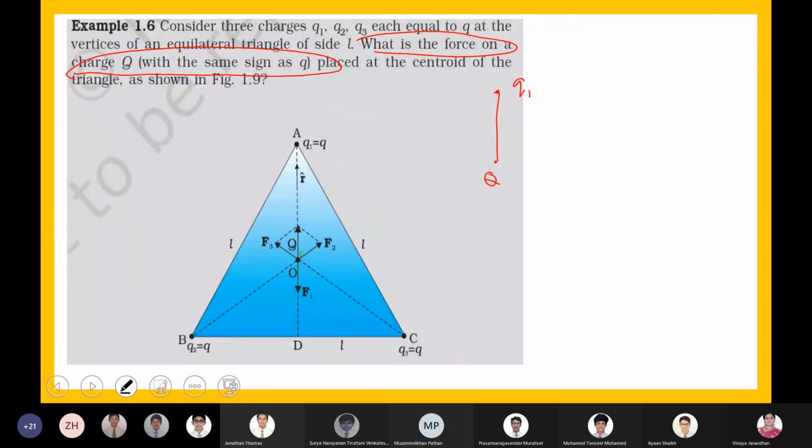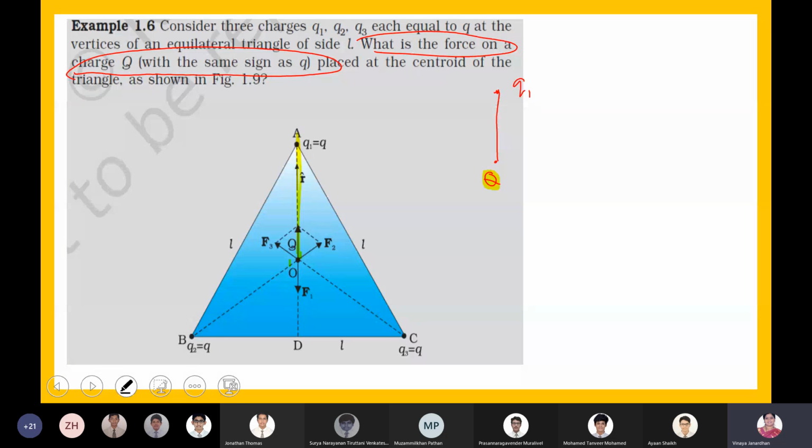Boys, the charge capital Q will experience a force due to Q1. It will also experience a force due to Q2, and also due to Q3. So the total force will be the addition of all of these.